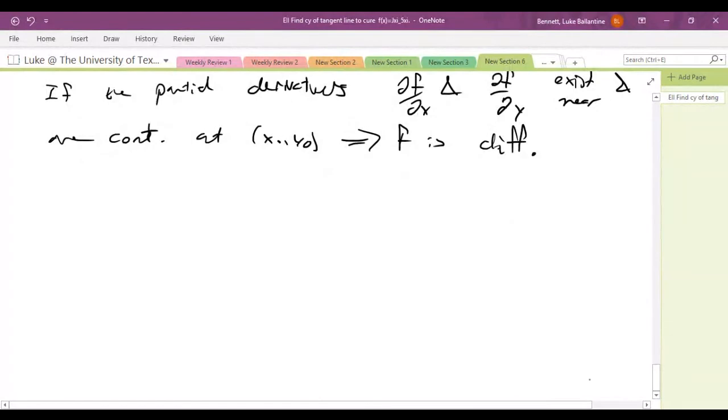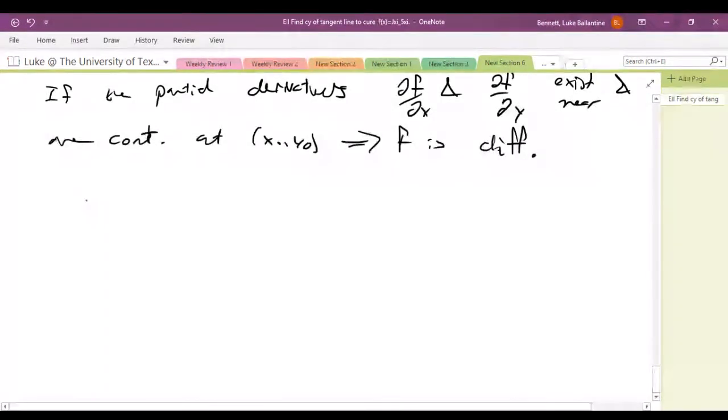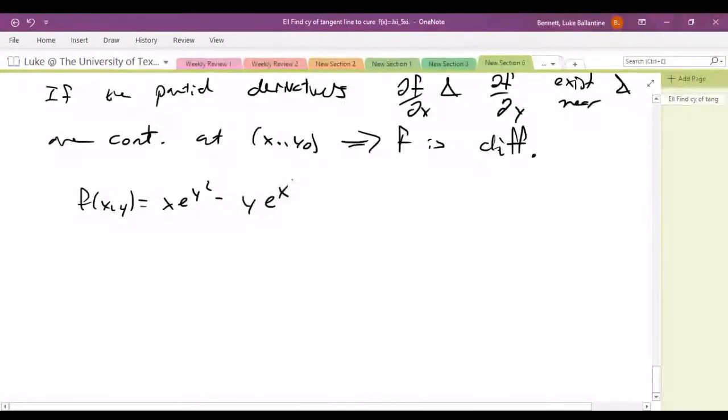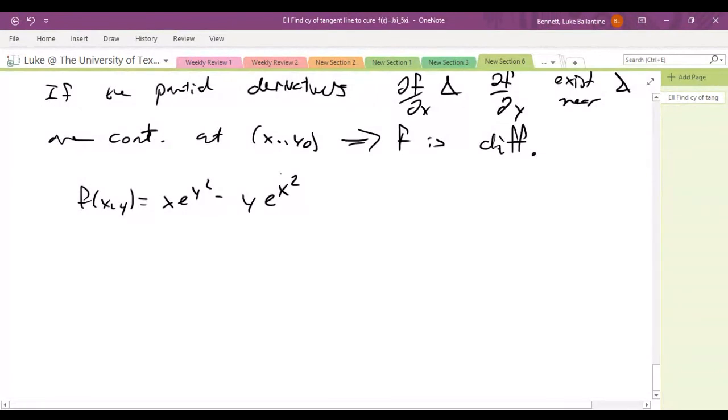So all the functions that we've been running into up to this point, for instance f of x y equals x e to the y squared minus y e to the x, we know this is differentiable because when we took the partial derivatives, it was just a familiar function, a polynomial times exponential, and we know that's continuous.